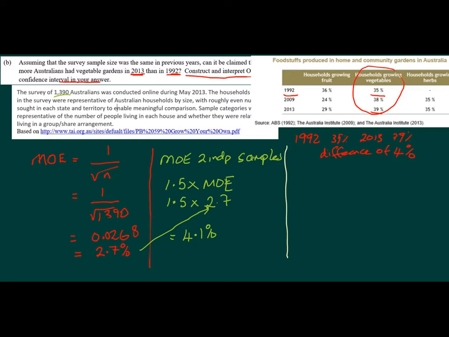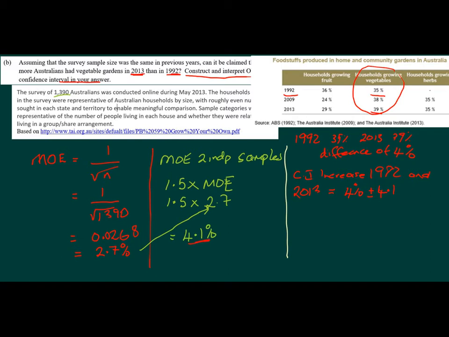Now, the confidence interval here, in this case, would be the confidence interval for the increase, I'll just write this out, increase from 1992, because that's when we started, and 2013 is equal to 4%, which is the difference, plus or minus 4.1, and that 4.1 is from this number here.